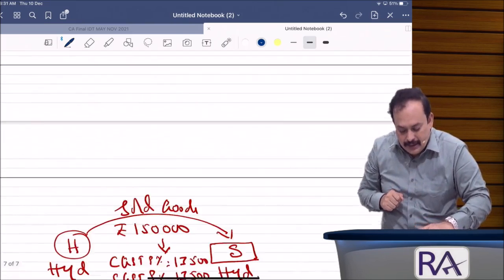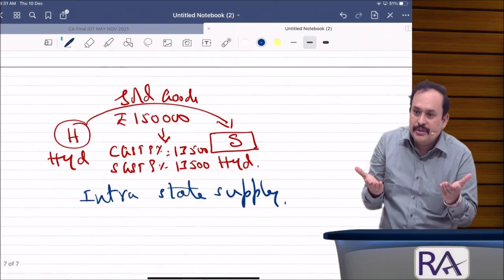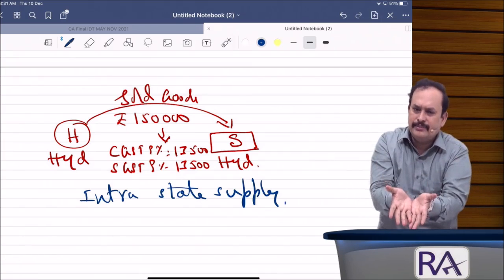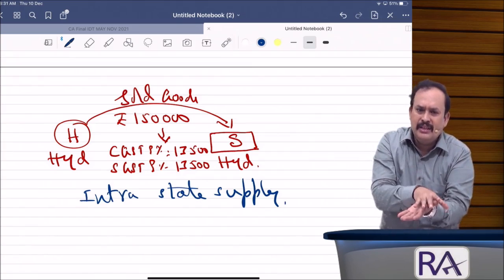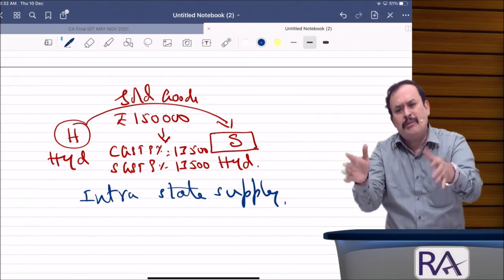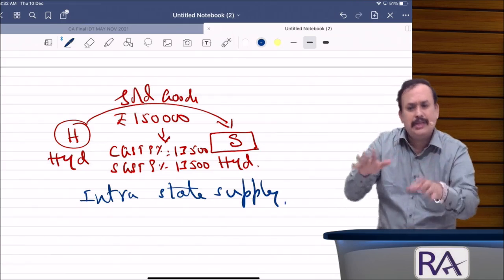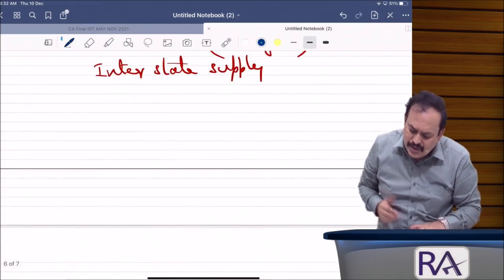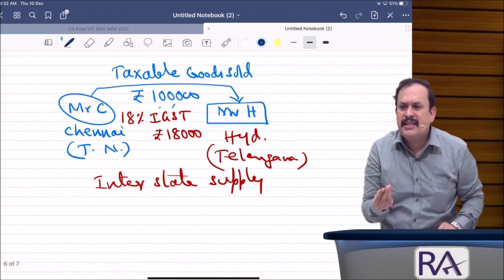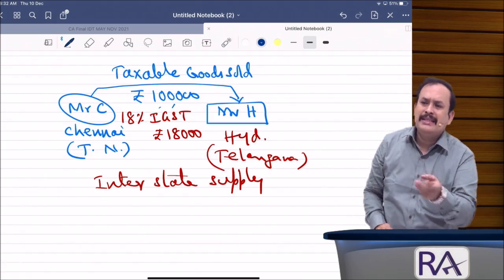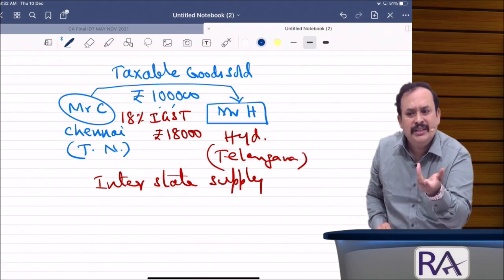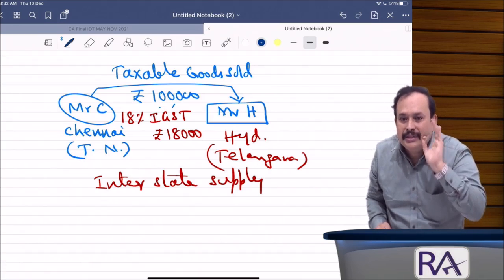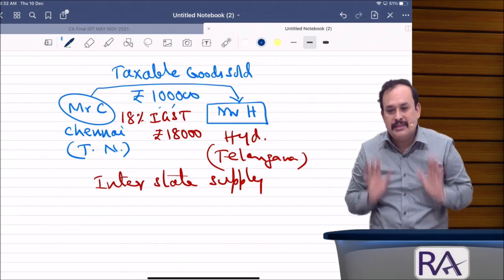You said CGST because of intrastate supply, within the state. Hyderabad seller, buyer also Hyderabad, no problem, I agree. Same way, here also it is sale of goods only. Maybe the seller is in Tamil Nadu and the buyer is in Telangana. That is the only difference. Why not CGST, SGST? One should understand the fundamental concept.